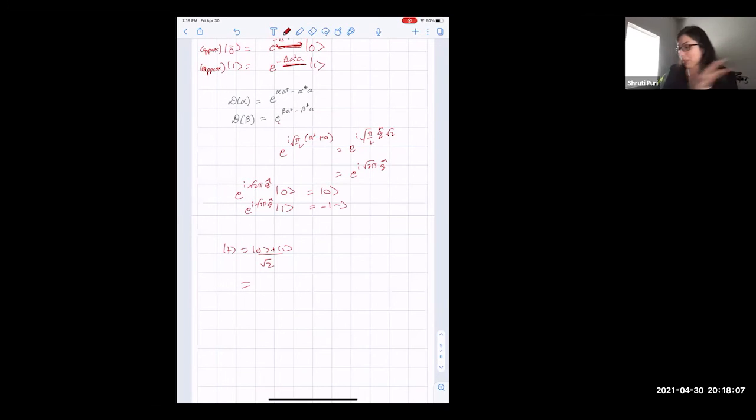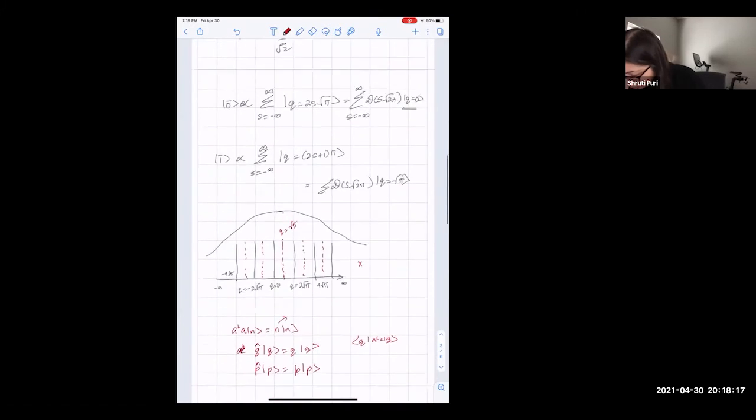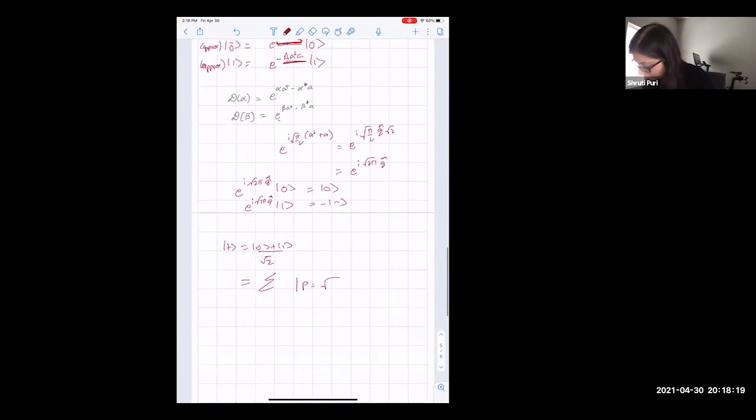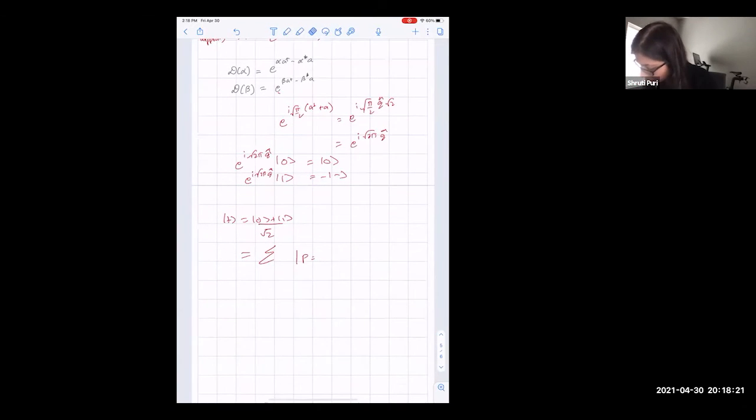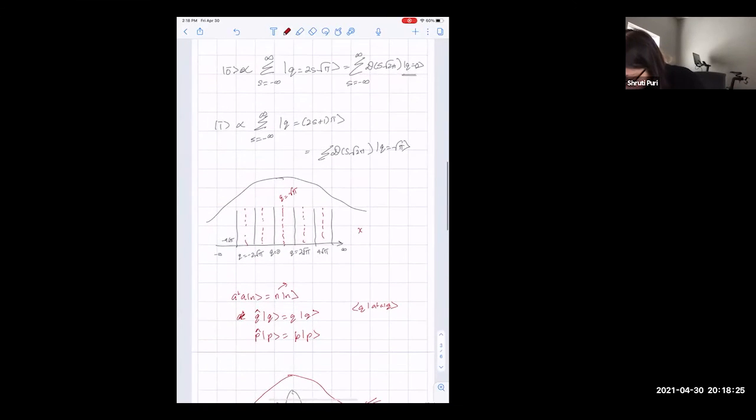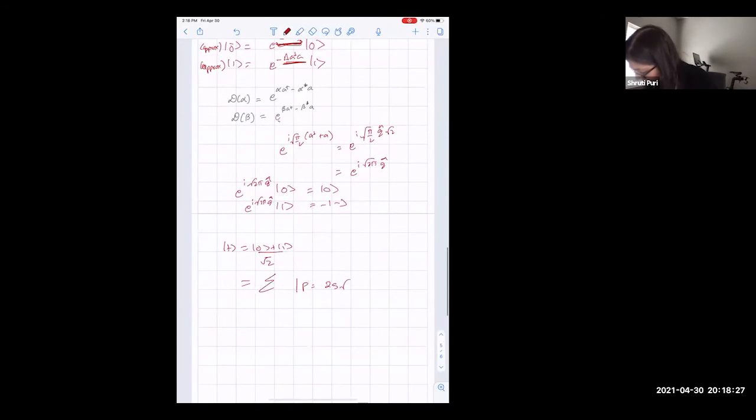Never mind. But yeah, the plus state is, I think, just a sum of P equal to, what was it, 2s square root of pi.